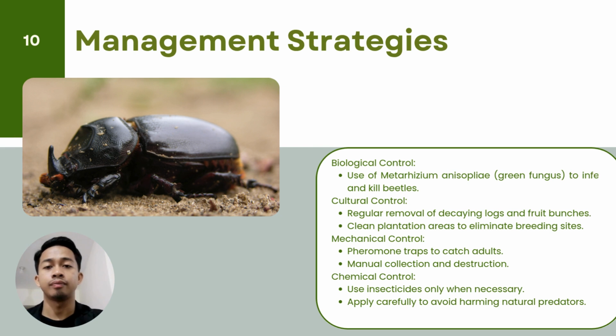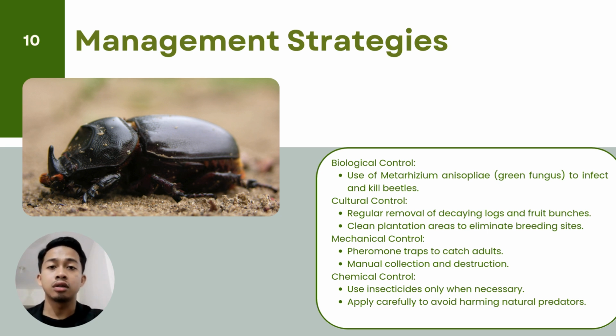Management strategies. To manage this pest, it is best to use IPM, integrated pest management. This combines several strategies to reduce pest population while minimizing environmental impact. Firstly, biological control involves the use of natural enemies. One successful example is the green fungus, Metarhizium anisopliae, which infects and kills the adult beetles. It can be applied to breeding sites like compost heaps.